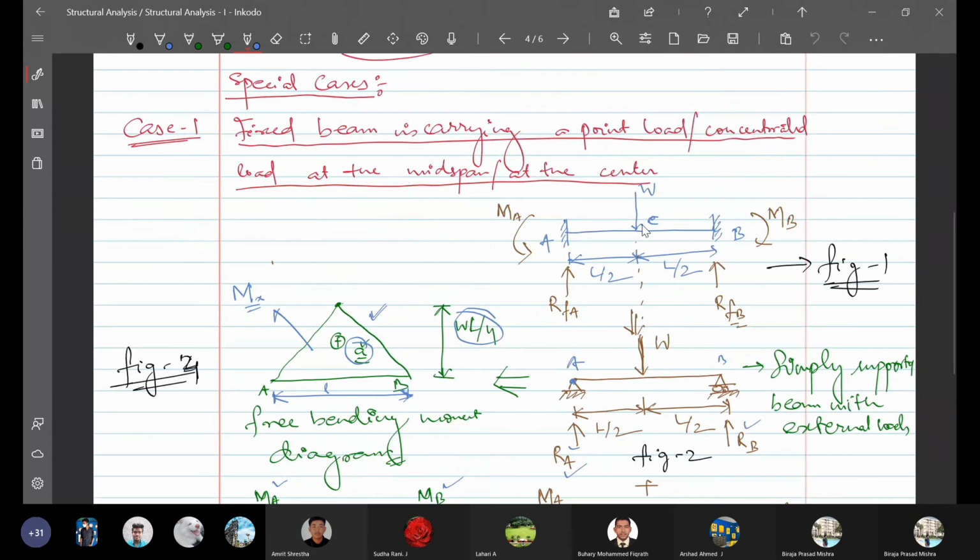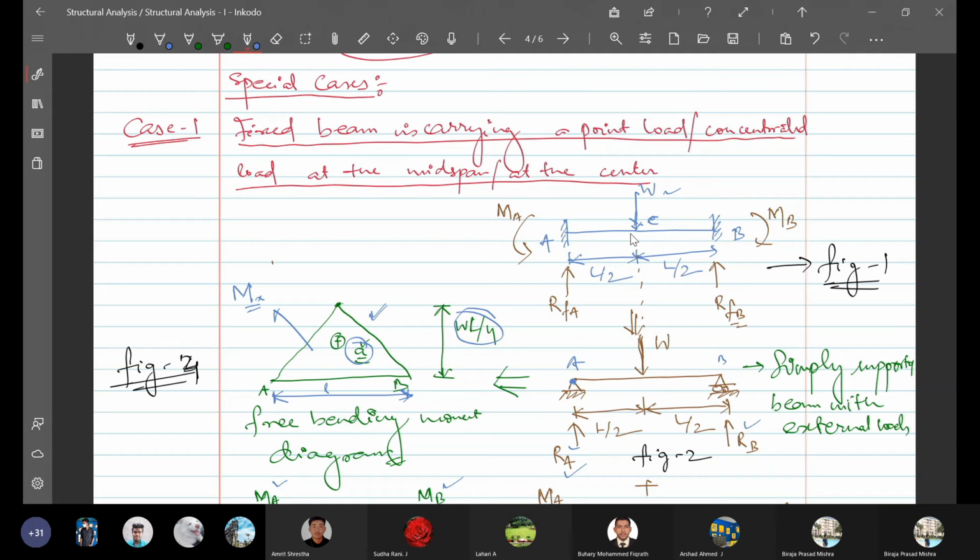In this special case or case 1, we have the concentrated load at the center. Now in the next case, let us say the concentrated load is at a distance a or b from the supports A and B. So there is no symmetry.